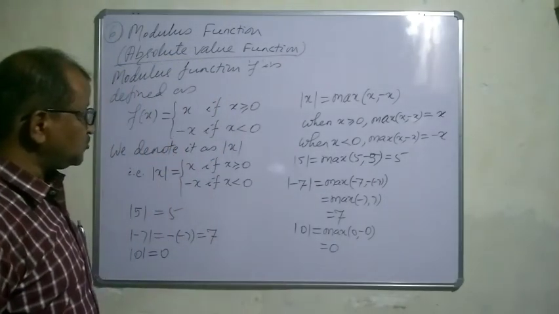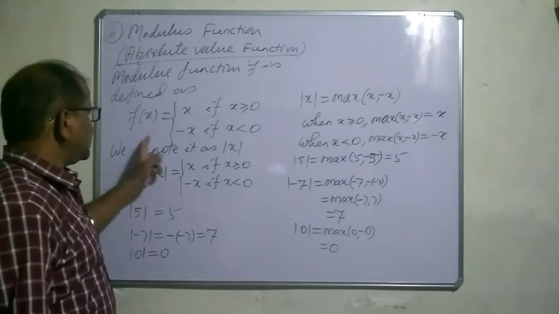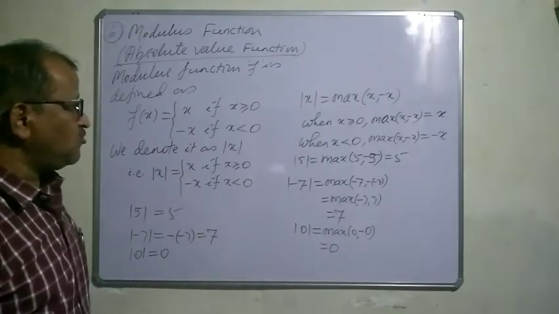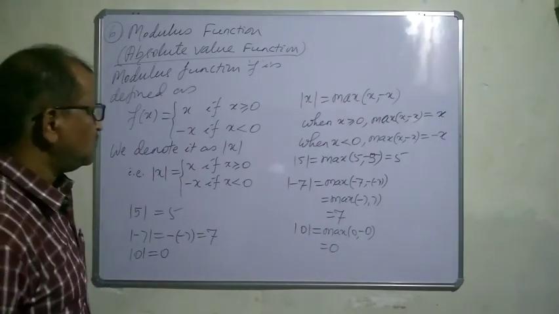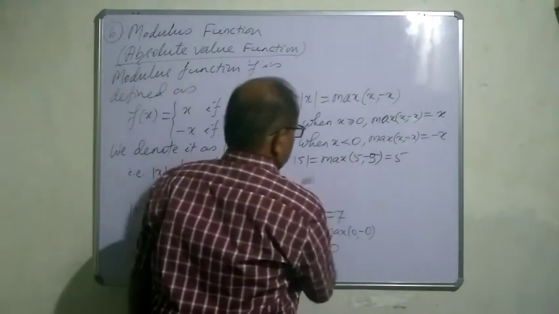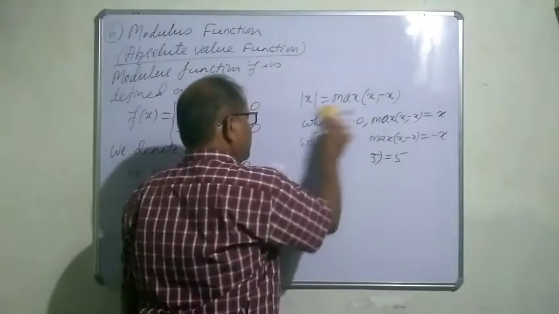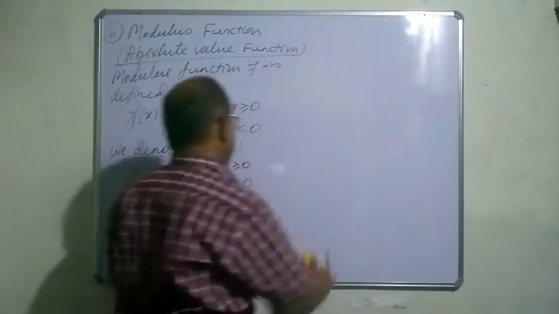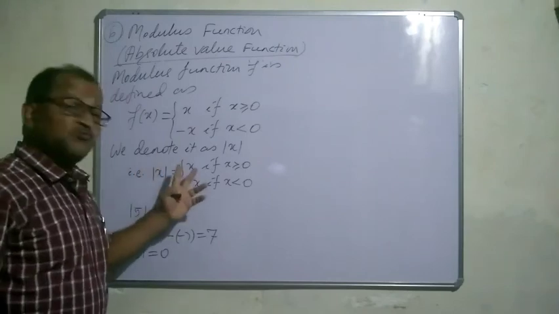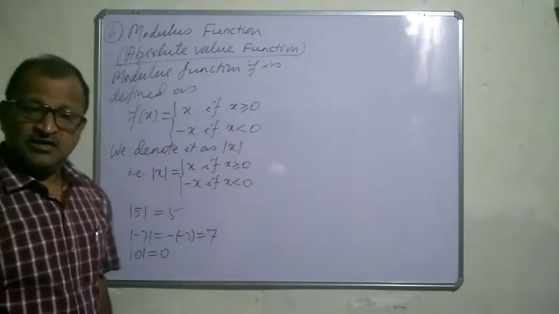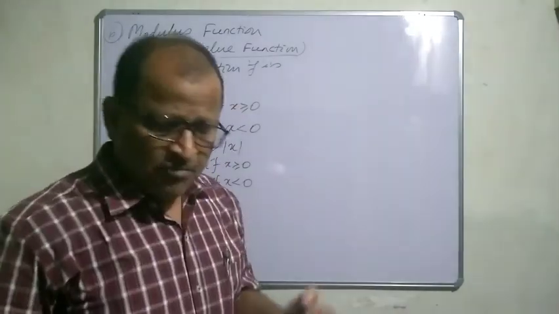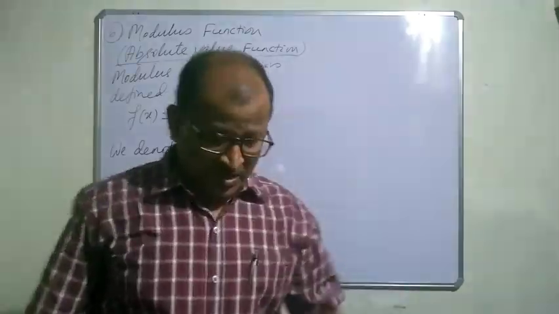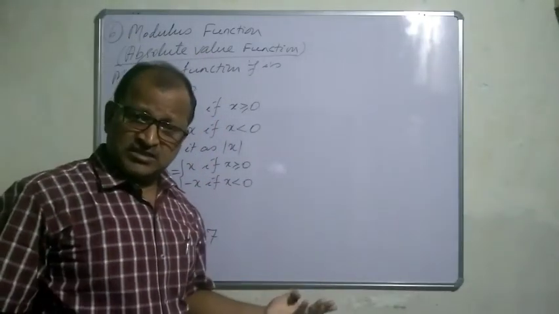What will be its natural domain? If this is the function, what is the natural domain of this? You see, for every real value of x, the modulus of x is defined. Because if x is a real number, either it is greater than or equal to 0 or it is less than or equal to 0.